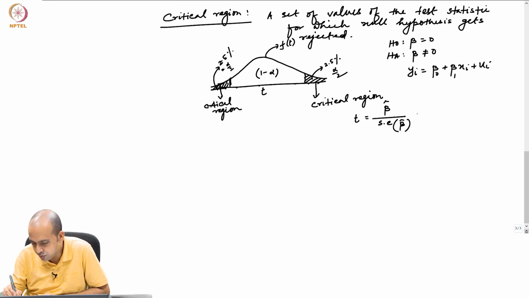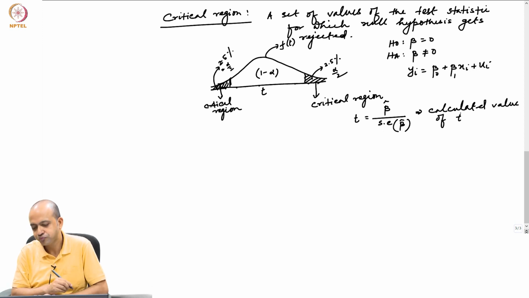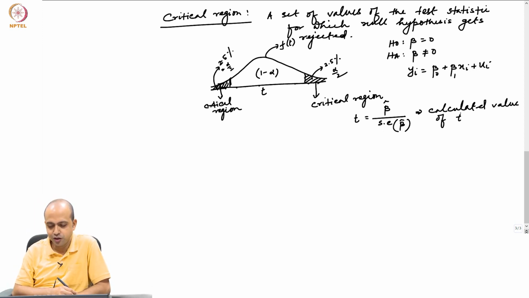That will give you the calculated value of T. Now, look at the definition of T, it is T equals to beta hat divided by standard error of beta hat, and that is why you are going to get a distribution.